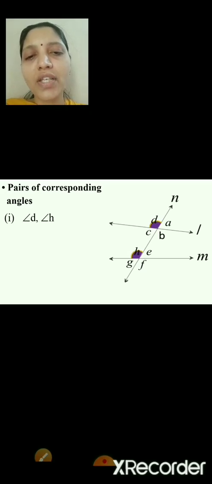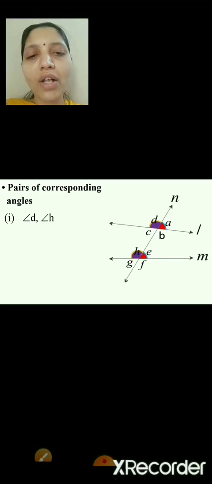Now the first group is pair of corresponding angles. Now we are writing these angles in pairs, so we are telling here pairs of corresponding angles. So what will be the first pair of corresponding angles? Angle D and angle H. So these are the corresponding angles.